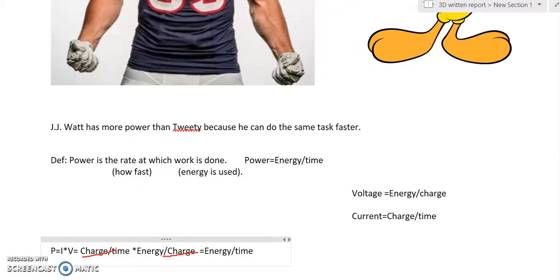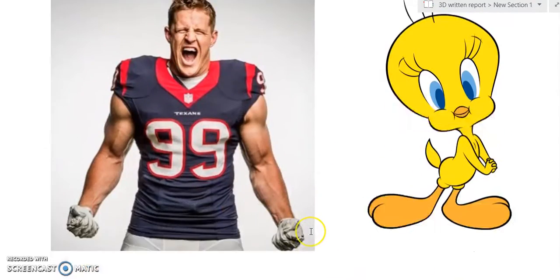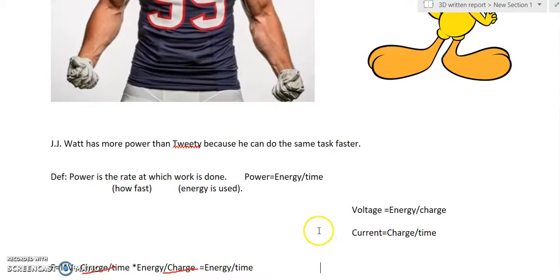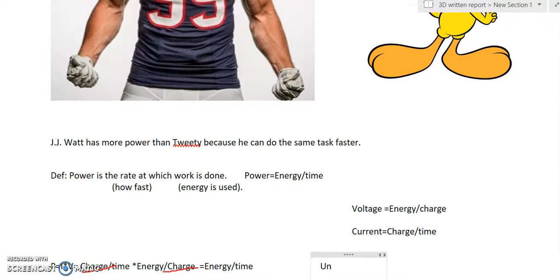Now, the next question we have is, what are the units of power? Well, there is a reason I showed you a picture of JJ Watt in there, because the unit of power is called a watt. And we have capital W. And no, it's not named after JJ Watt, but it is named after someone who has exactly the same last name.